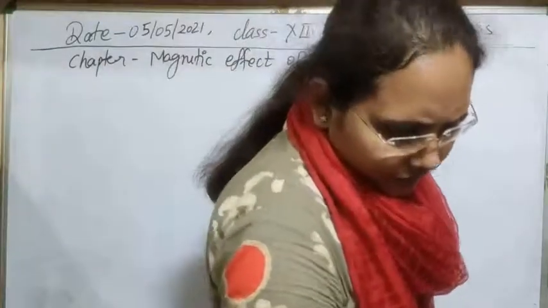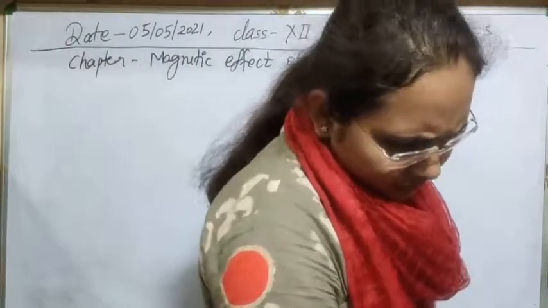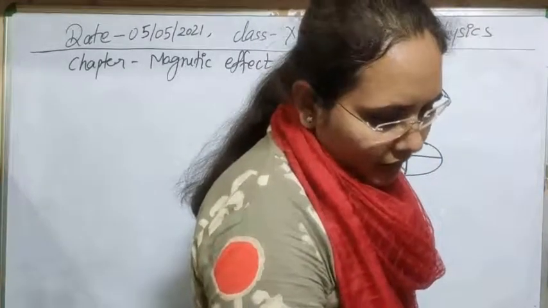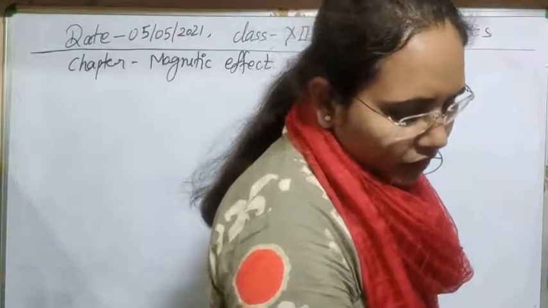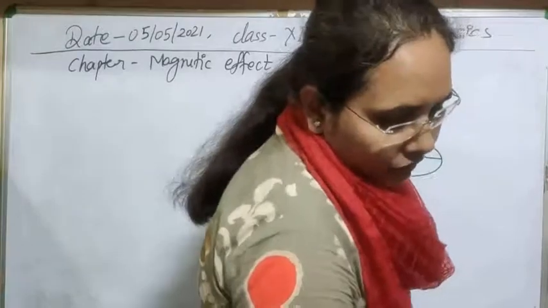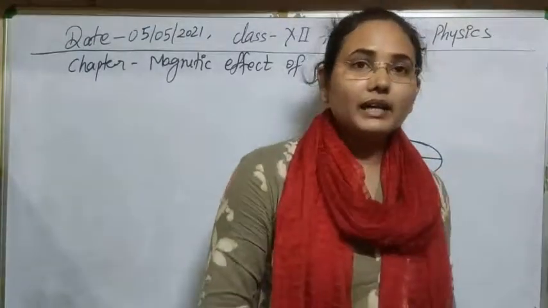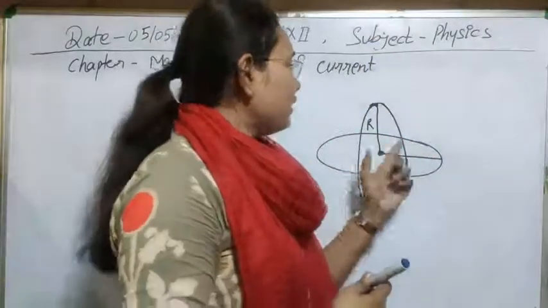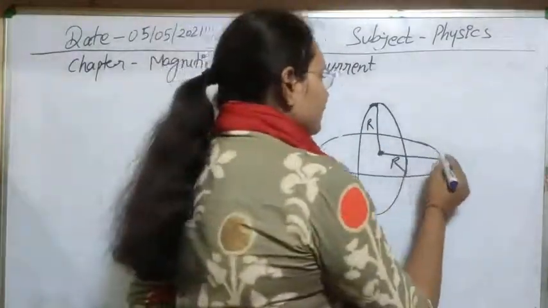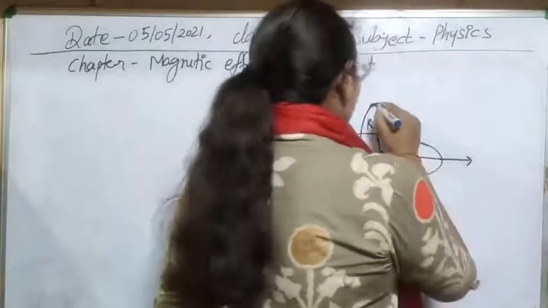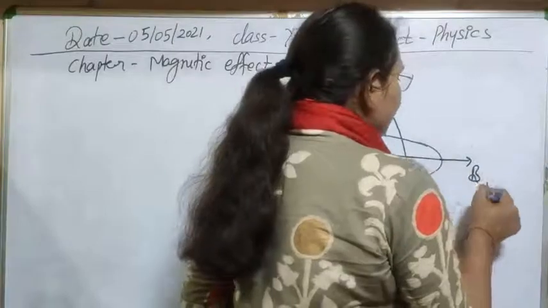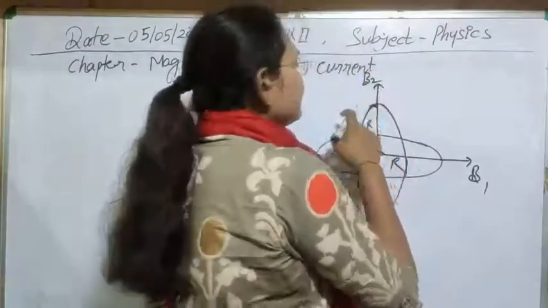Now the next question is: find the magnetic field at the center of the coils if they carry currents equal to I and root 3 I respectively. So we have to find what will be the magnetic field at this center due to this combination. First, if you see the direction of the magnetic field, for this one coil it is in this direction, for this coil it is in this direction.